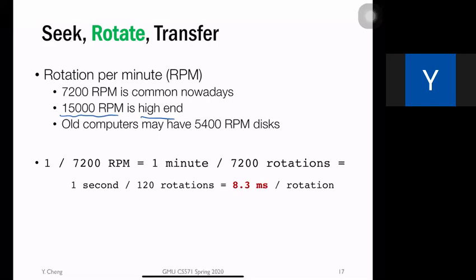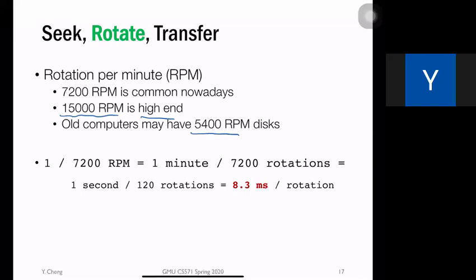like 2 times faster compared to a 7,200 RPM disk. Okay, and some older computers might be equipped with old-fashioned hard disk drives, which typically had 5,400 RPM, which is really slow, to be honest. Okay, so to calculate the per rotation latency, we could use this RPM metric.